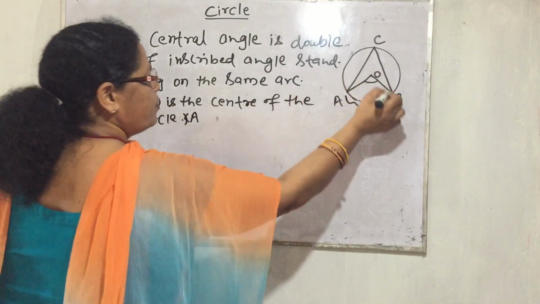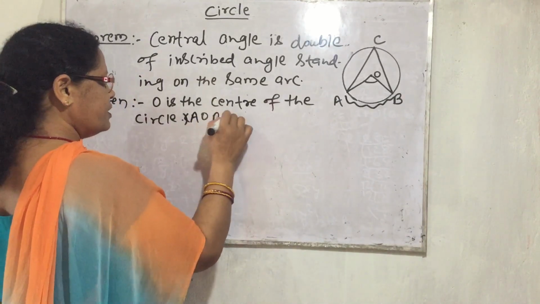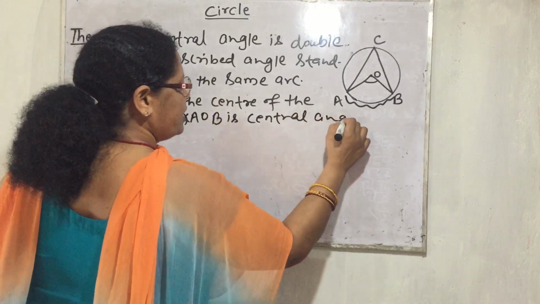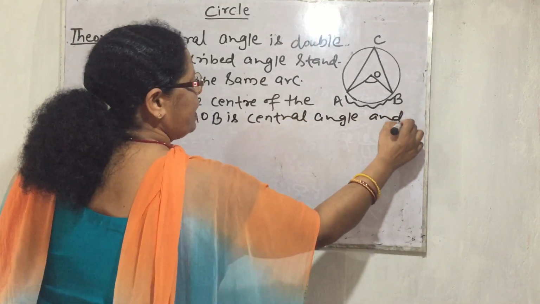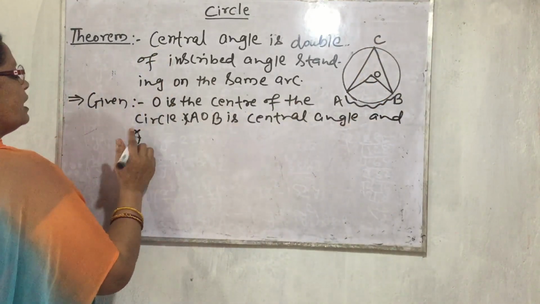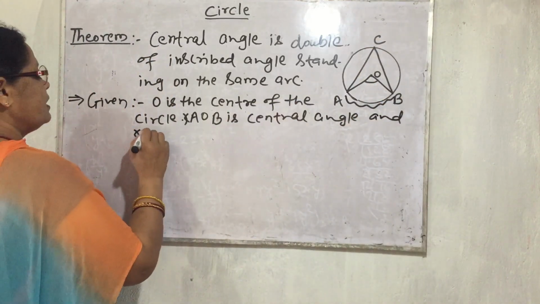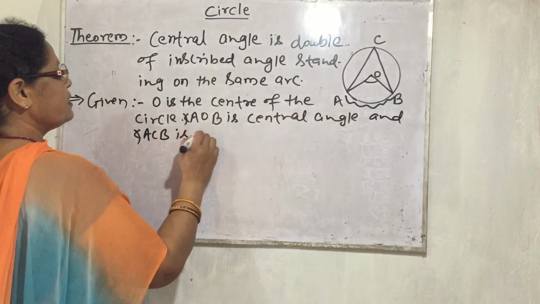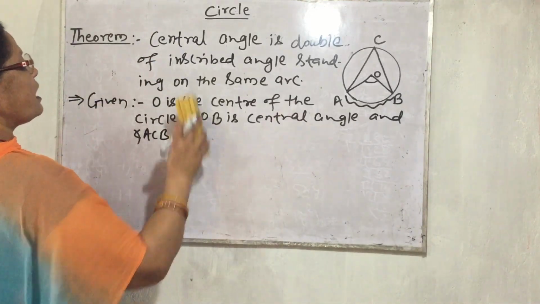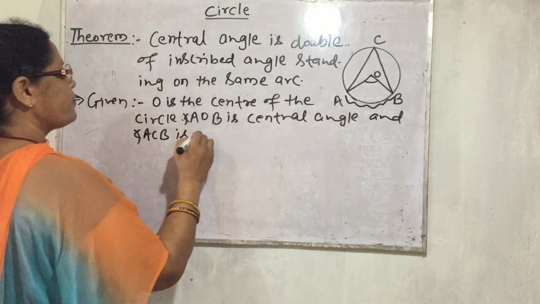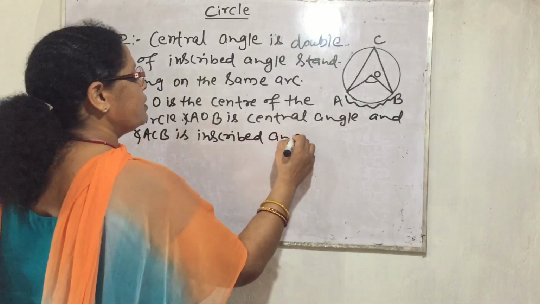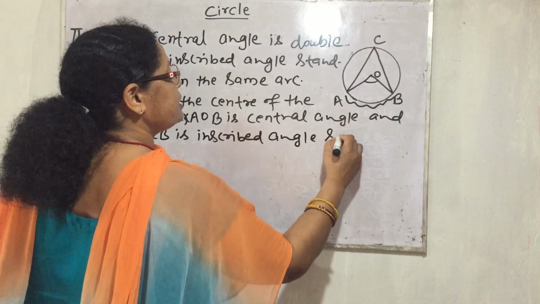Angle AOB is the central angle, and angle ACB is the inscribed angle standing on the same arc.